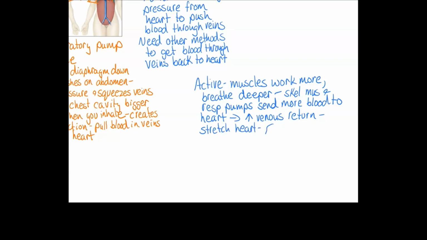And when you stretch the heart, you activate that Frank-Starling law, which means the heart's going to contract with more force. Just like when you pull the rubber band and you let it go, it springs back with more force. So now, because of the increased venous return and the Frank-Starling law, you increase your cardiac output.